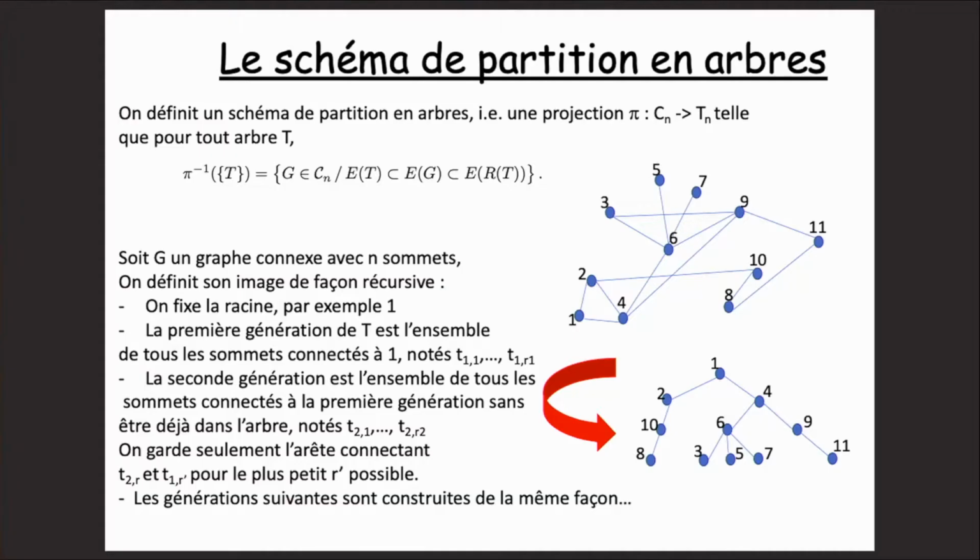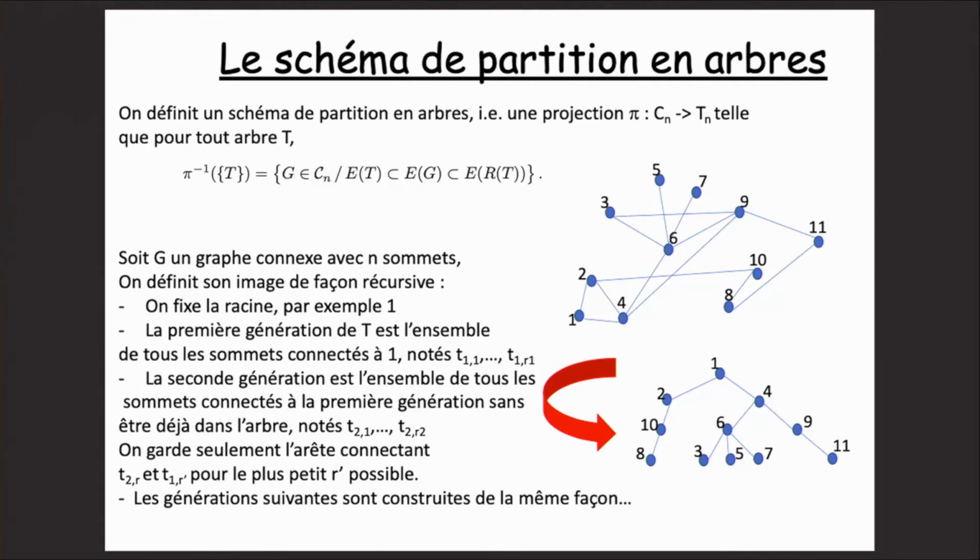That's what is written here. We can characterize all possible missing edges by this R of T. At this point, I think it's a bit complicated to understand, but now you will see that with the procedure, it's very simple.